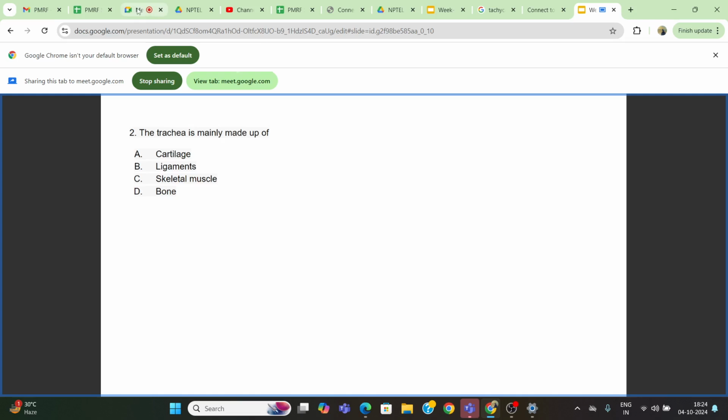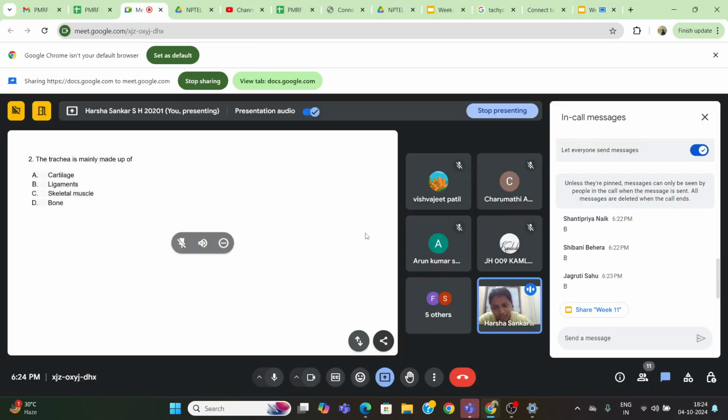The trachea is mainly made up of dash: cartilage, ligaments, skeletal muscle, or bone. Only two people answered.